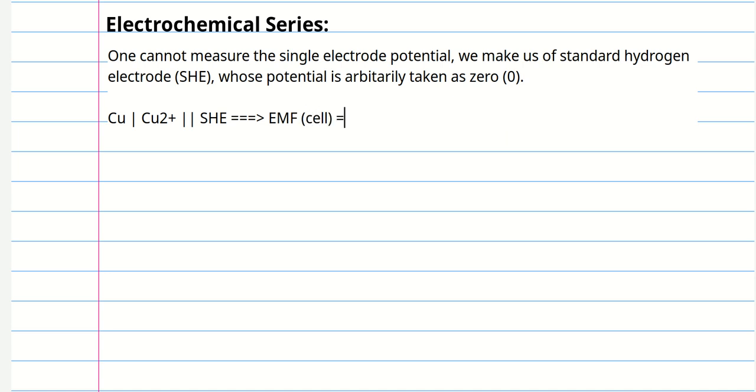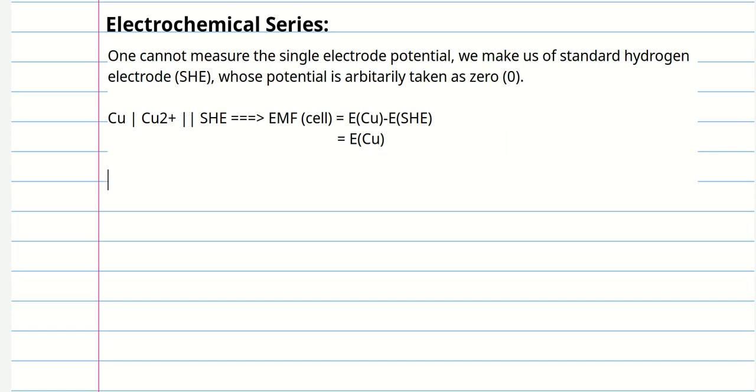This is E of copper minus E of SHE, and since E of SHE is 0, the EMF of the cell that you measure is actually the reduction potential of the copper electrode.